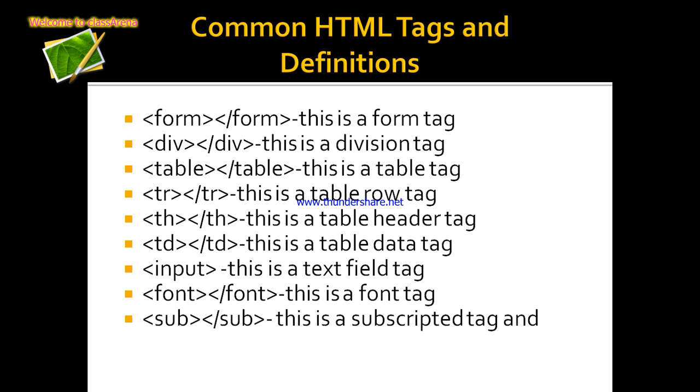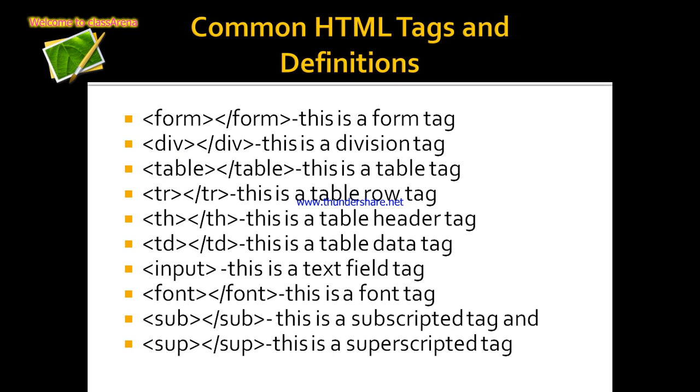And then we have the super, that would be the last one. The superscript is actually the above, the raised to power, just like that. If you have something like a number squared and you want it raised, you use the sup tag. And that is that.